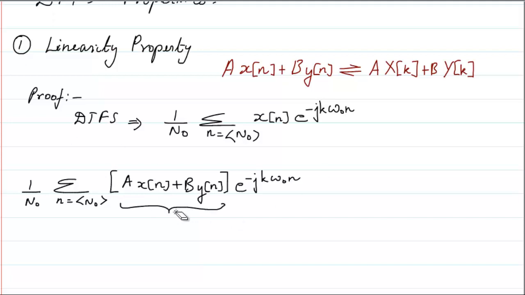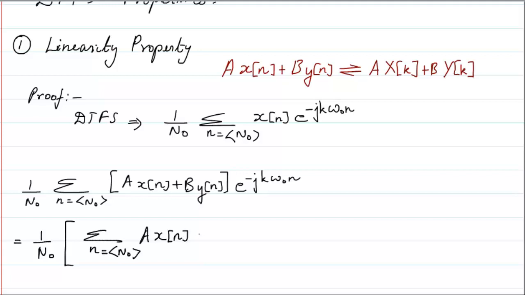Now this I can split up into two parts, one for a x of n and the second one for b y of n. Then this is equal to 1 by N naught, which is common, and then summation n for the period N naught, a x of n e raised to power minus j k omega naught n, plus the second part b y of n multiplied with e raised to power minus j k omega naught n.